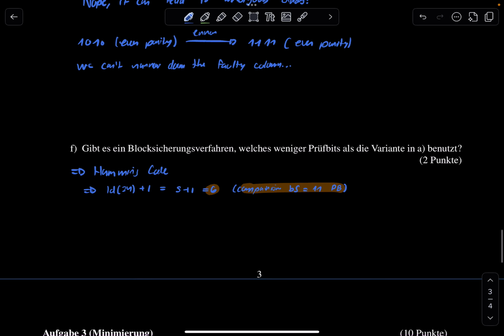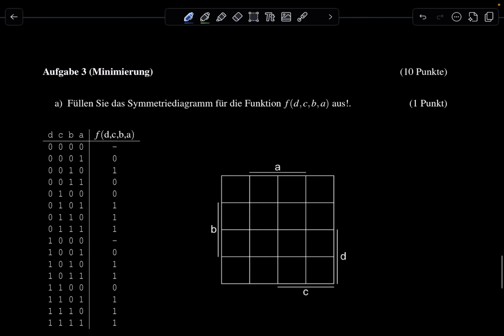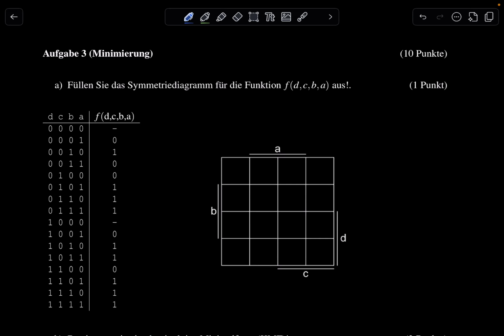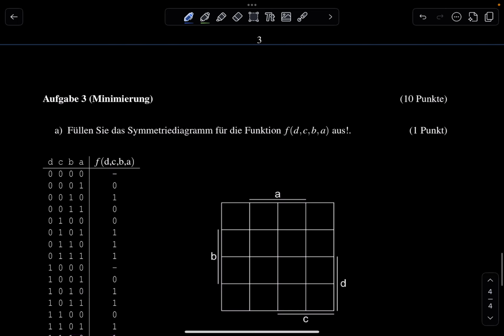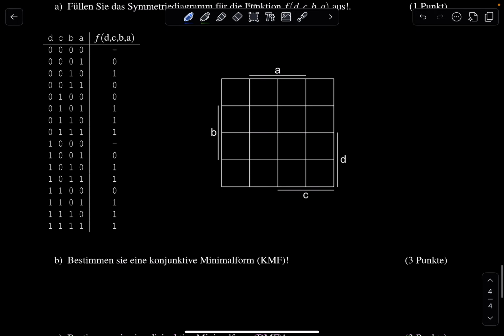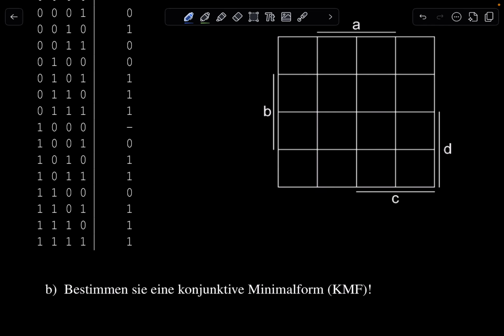So what else? Now this one is pretty easy. It gives us the Symmetriediagramm für die Funktion, blah, blah, blah. So they want us to find the conjunctive minimal form and the disjunctive minimal form. So it's really easy. We start off by finding the normal forms.